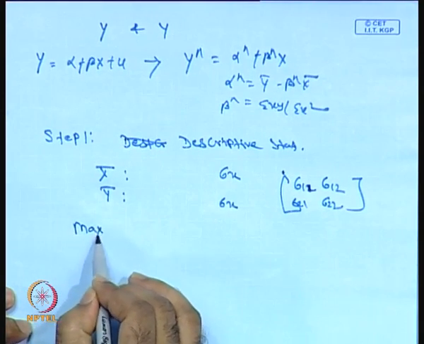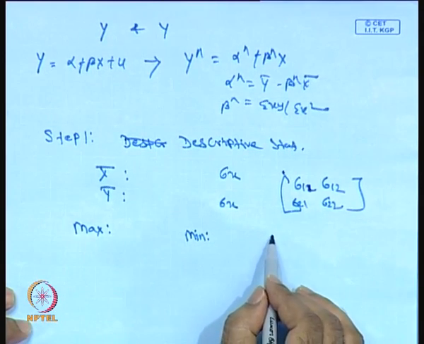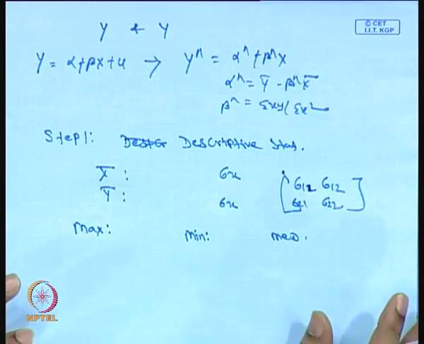Of course, we would like to know the maximum of the series, the minimum of the series, and the median of this series. So, many things we would like to know.